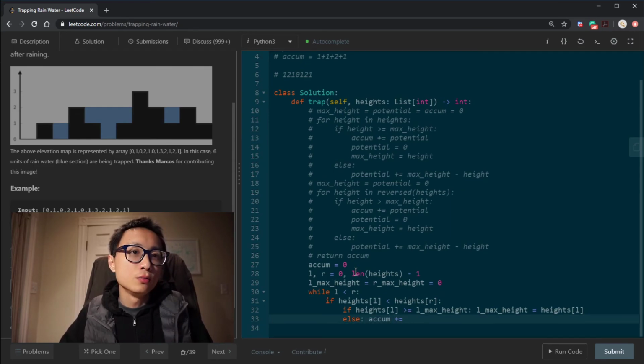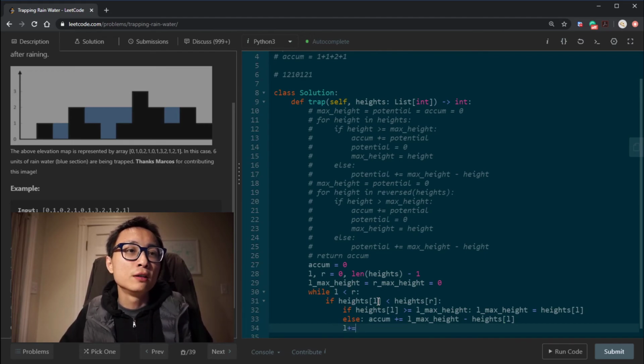The water to be added is the difference between this and the left maximum. After that, we just increment the left.